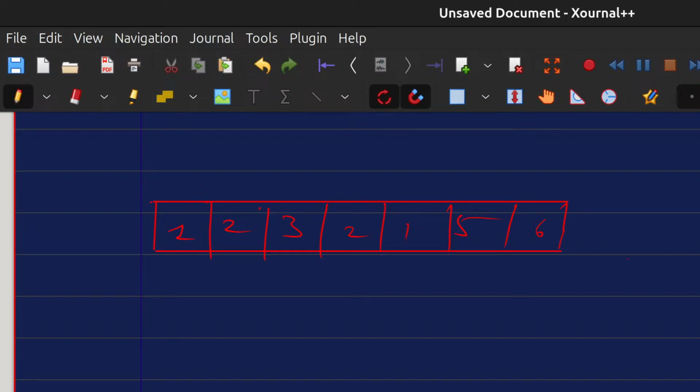Alright, this is the array we have. Similarly, we will have the D1 array also for this.